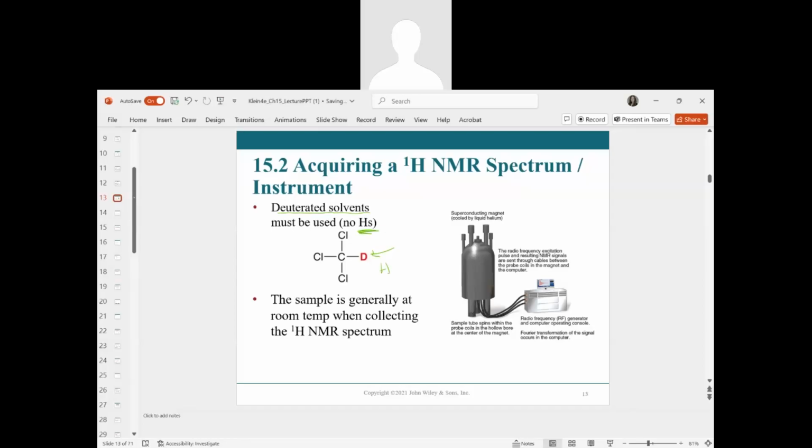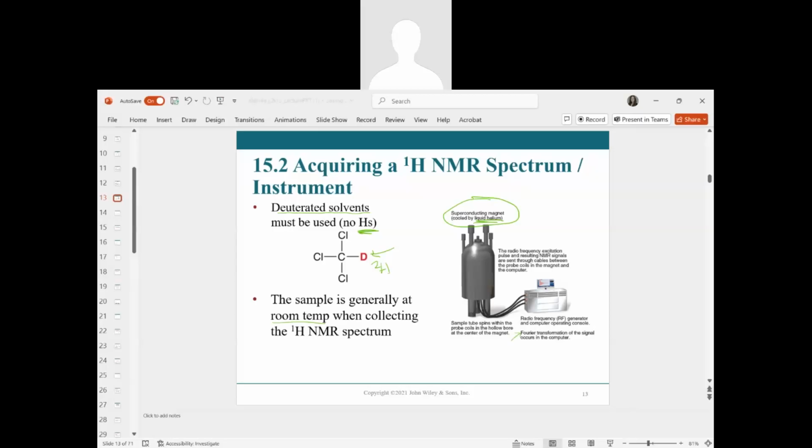These will have to be H2, so heavy hydrogen. And then the sample is collected at room temperature, but we do use that supercooled magnet. So liquid helium is one of those gases that can be used to cool our magnet. So therefore, we can generate the right strength of magnetic field to analyze our sample.